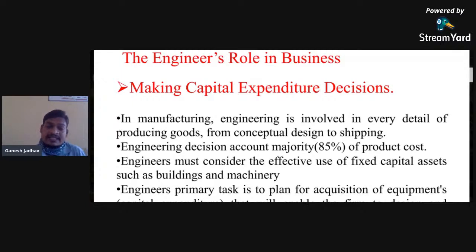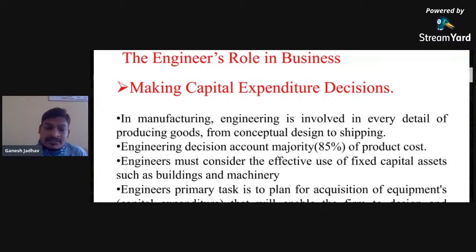Engineering decisions account for the majority, about 55%, of the product cost. Engineers must also consider the effective use of fixed capital assets such as buildings and machinery.